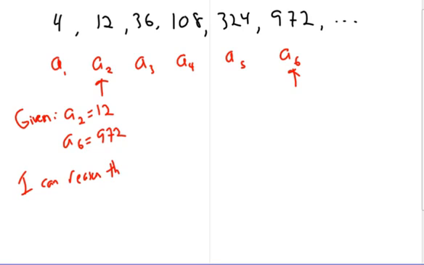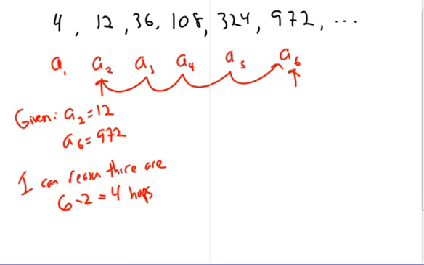So based on this information, we can reason that there are 1, 2, 3, 4. So 6 minus 2, there are 4 hops from a sub 2 to a sub 6. We could arrive at that number by just subtracting their term numbers. 6 minus 2 is 4, so there's going to be 4 hops.